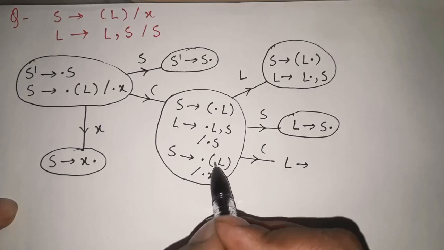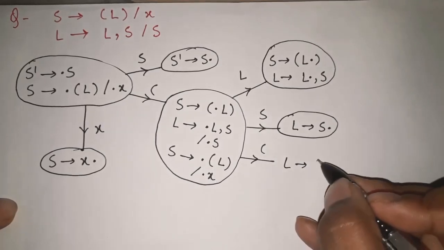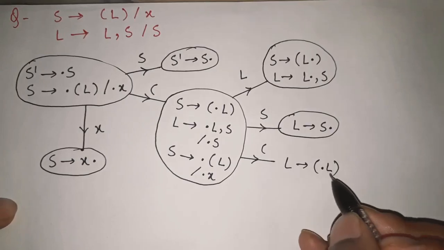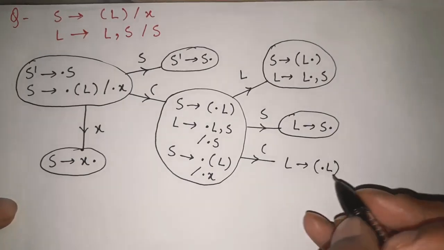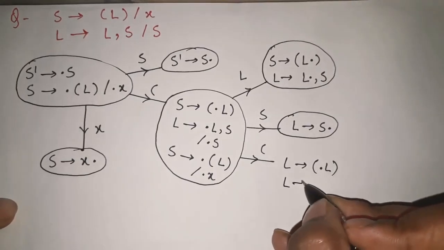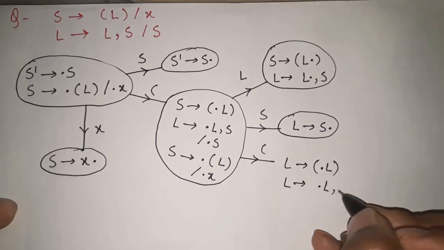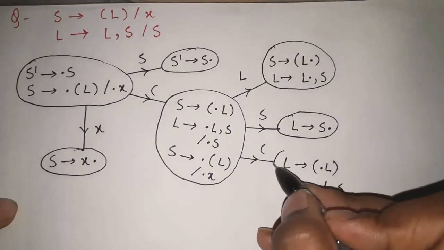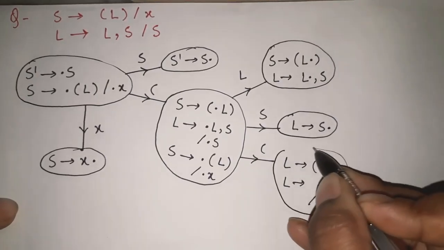Now here after the dot we have one variable, so I have to write the productions of this variable also. So L gives .L,S or .S. So this is one of the states that I got.